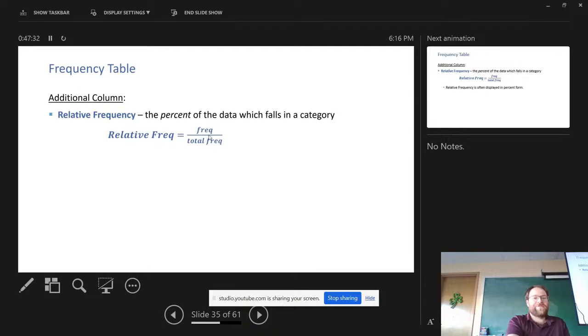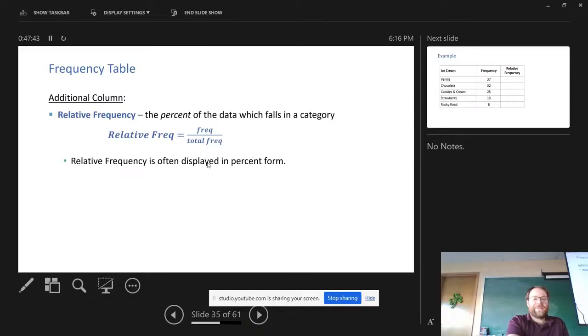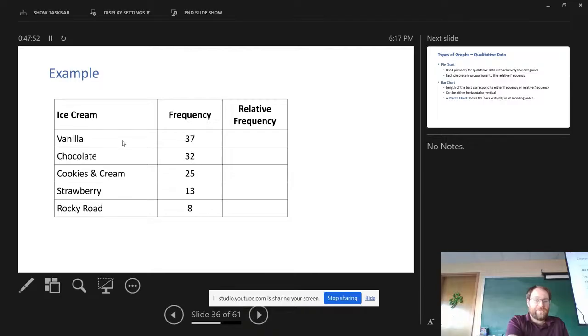To figure that out, just take the total number of times it appears in the table out of the total number of votes or tallies, often displayed in percent form or as a decimal. So an example of this. How many total people responded to that survey?